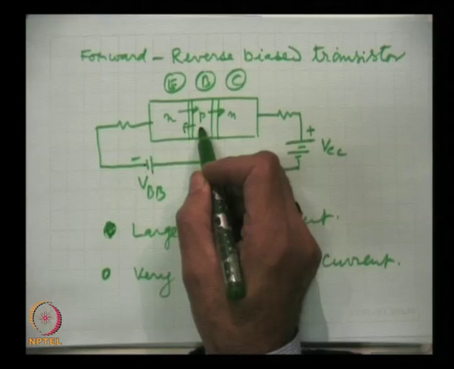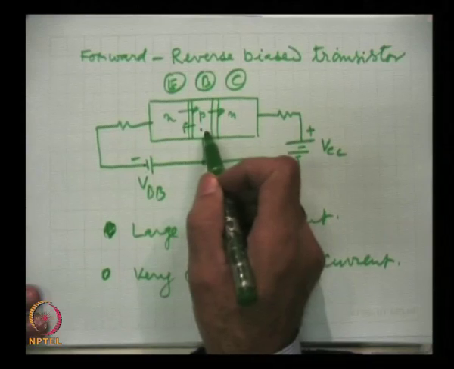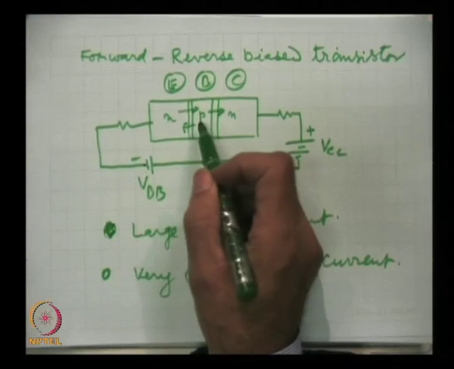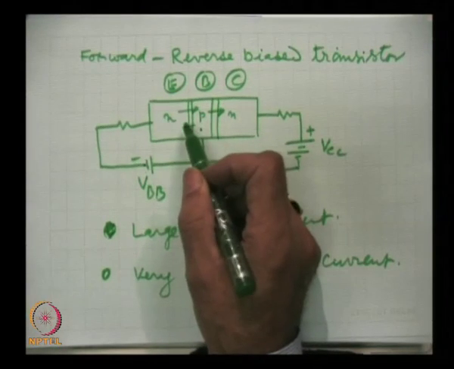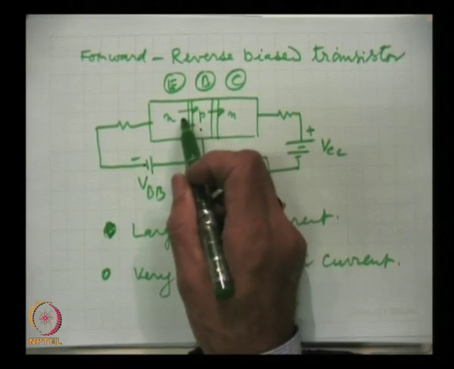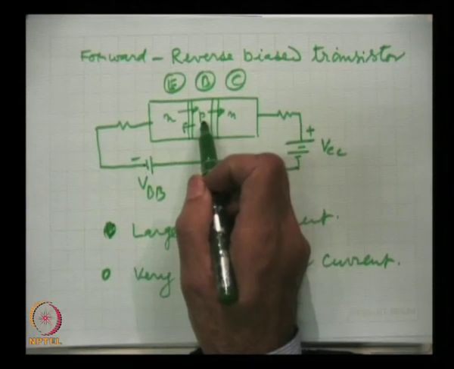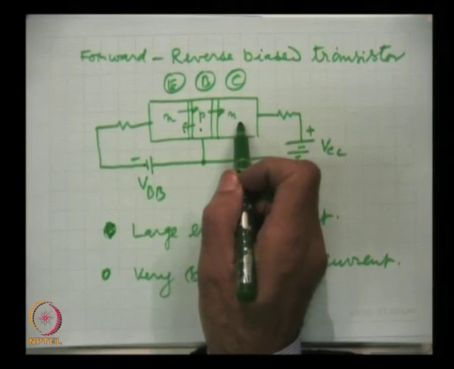What will happen to those recombined electrons, we will talk a little later, but here the important thing is that most of the electrons, say 99% or more, which have been injected from the emitter to the base, are able to cross over towards the collector.